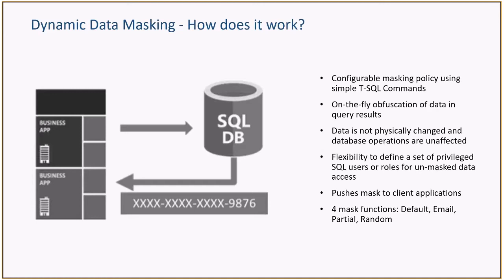You can basically use simple Transact-SQL commands to apply these masks, and the data is masked on the fly. So it's not physically changed. It's anonymized as users are querying it. It's really easy to apply, and it has a lot of great capabilities.